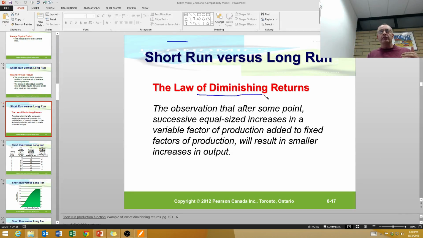And the law of diminishing returns says, as we use increasing units of inputs, our physical output first increases at an increasing rate, then the output increases at a decreasing rate, and then finally output actually decreases. Or in other words, output increases at a negative rate. We're going to see an illustration of this next.